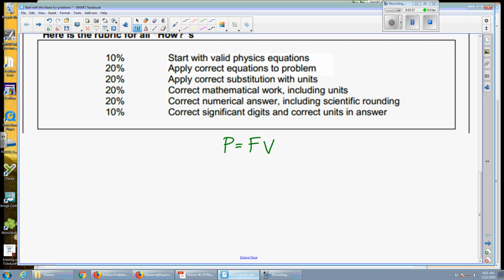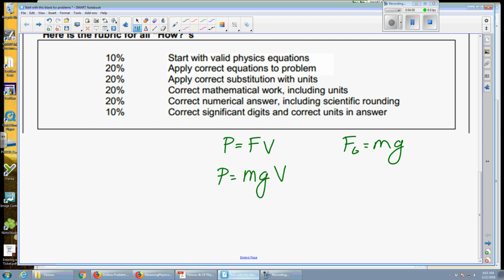I also said that he's working against gravity, so I want to remember that the force of gravity on him is mg. So the power needed would be the force against him, the fly's mg, times the speed he's moving at.